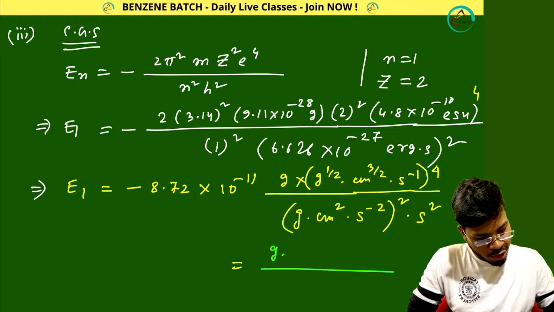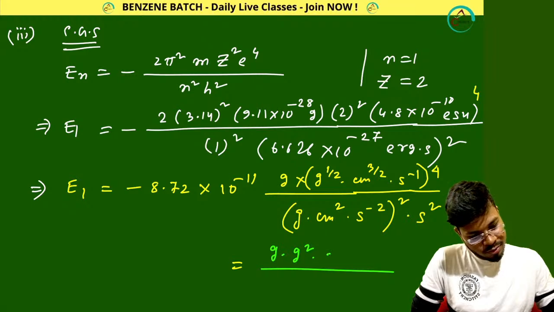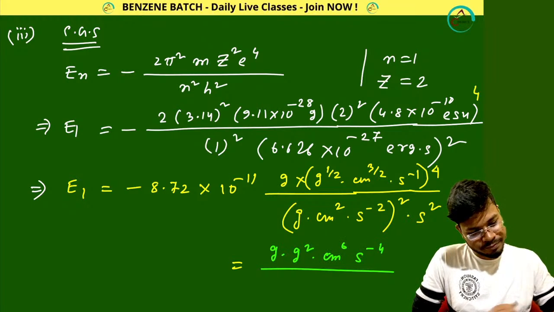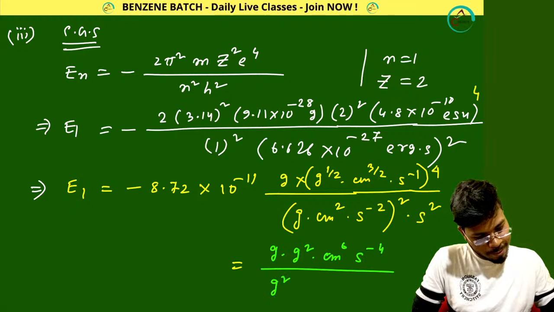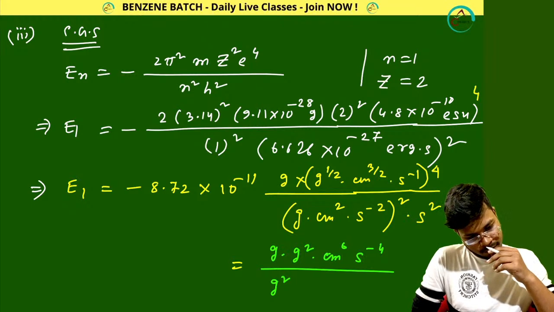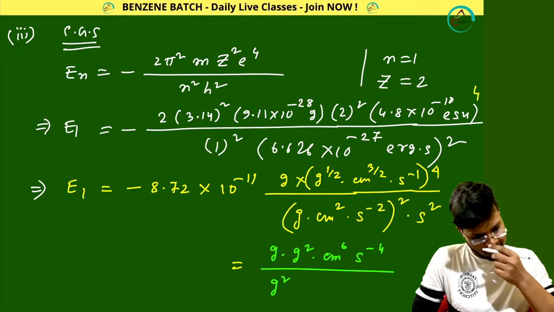Gram, and from here I will be getting gram square, then centimeter 6 second minus 4, gram square. Okay, I think, am I doing something wrong?